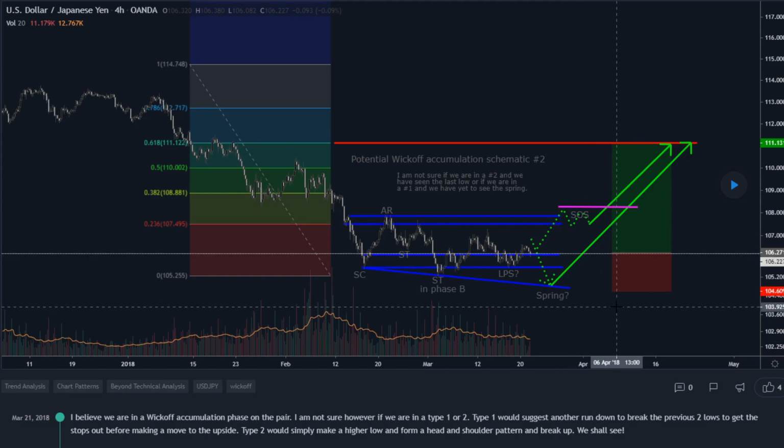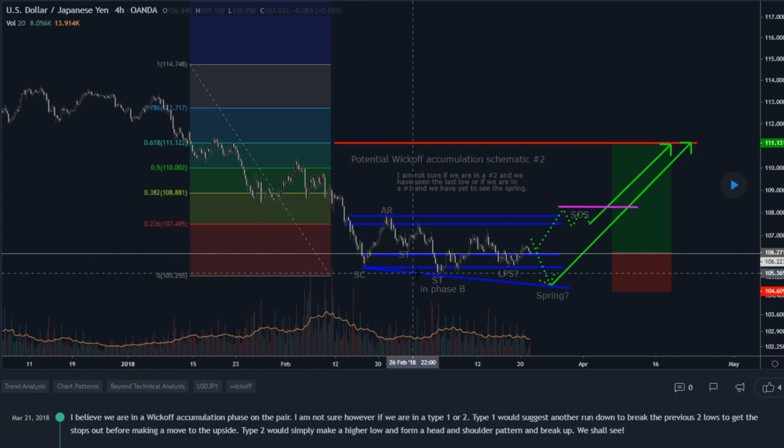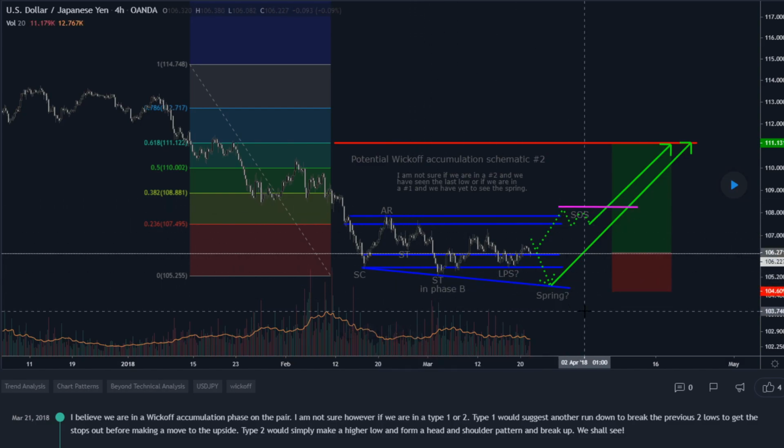The second thing that I do is I trace a line with the first bottom and the second bottom, especially if the second one is lower, and this gives me an idea of approximately where the spring is going to be if it does a spring. But at this point, I try not to be too picky. I'm not waiting for a spring, I'm just waiting for a confirmation.